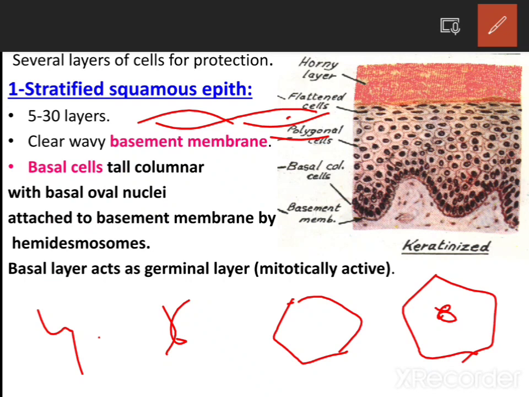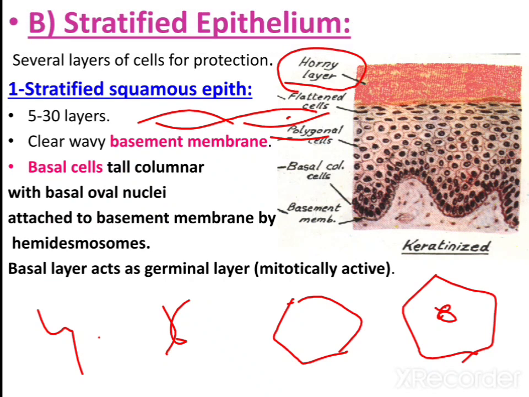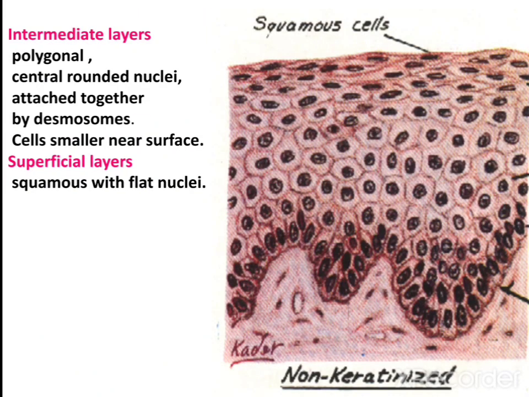If it is stratified squamous, non-keratinized, then there is no need for drawing this horny layer, that is the layer of dead cells. If it is keratinized stratified squamous, then you have to draw this horny layer also. And this is found in skin. See, this is the diagram for non-keratinized.